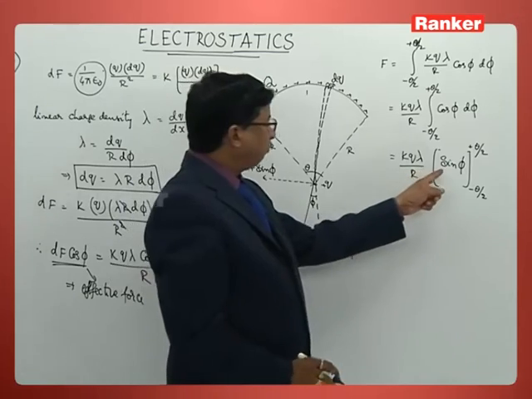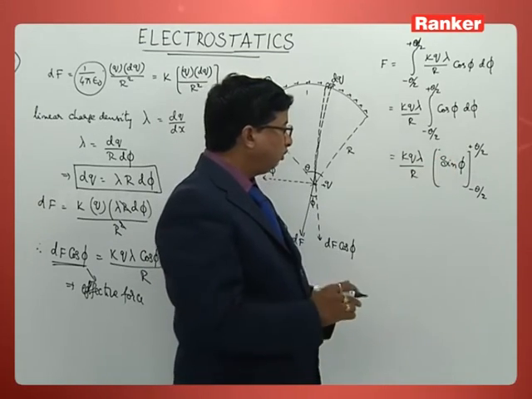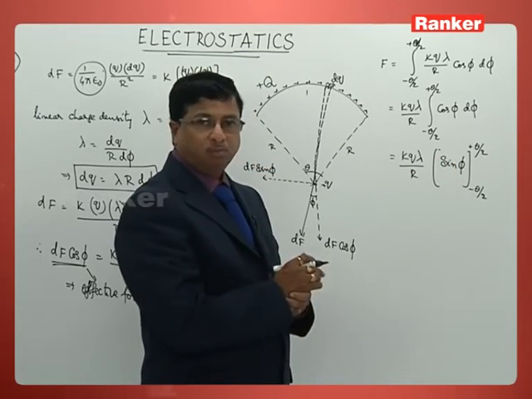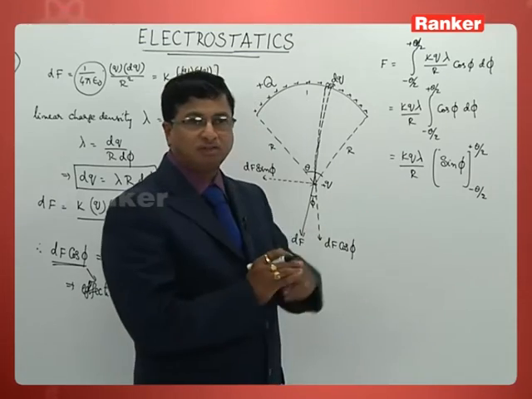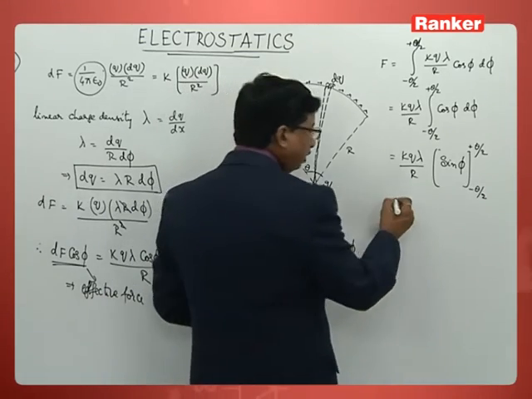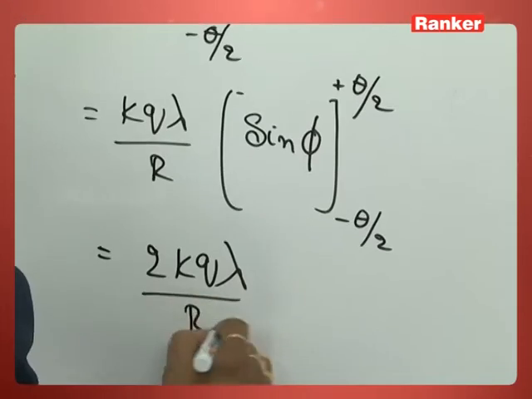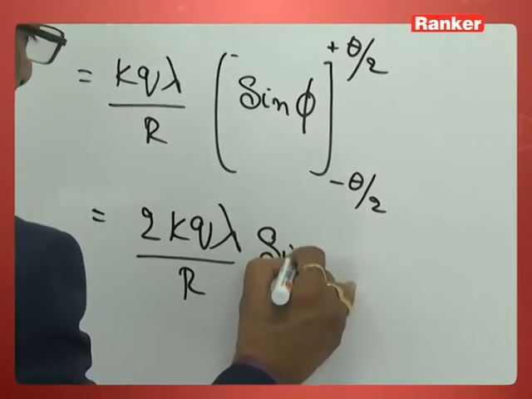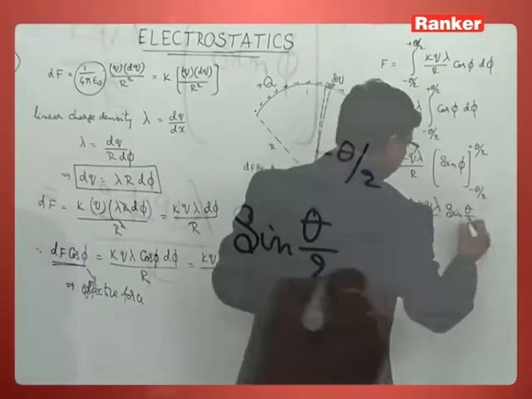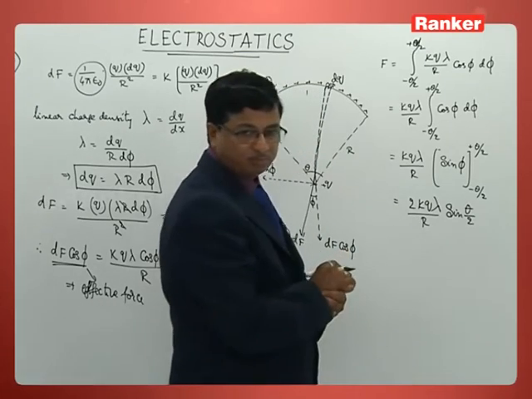So you can write this one sin theta by 2 minus sin of minus theta by 2, which is plus sin theta by 2. So what will you get now here? 2k q lambda by r into sin theta by 2. You will be getting that value there.